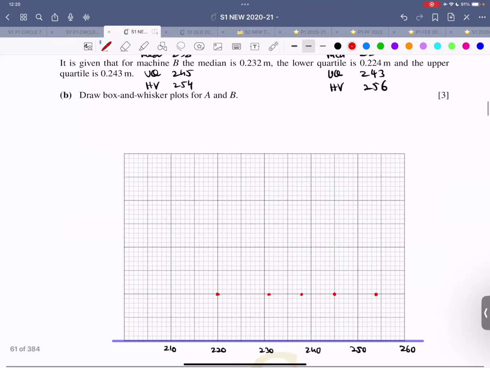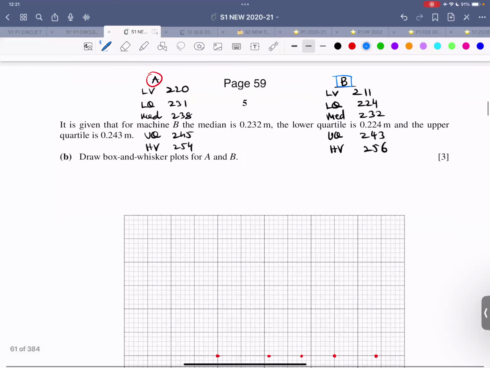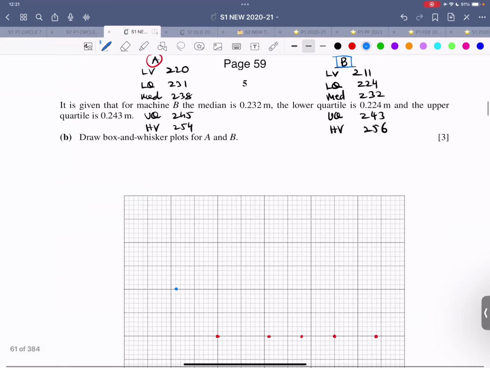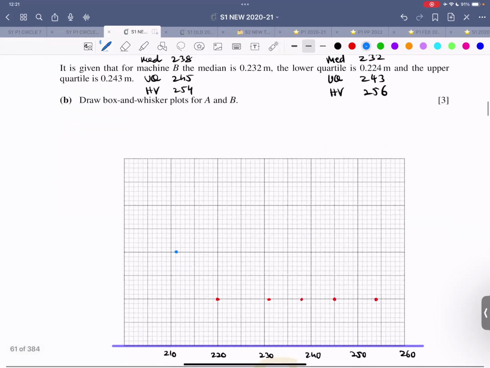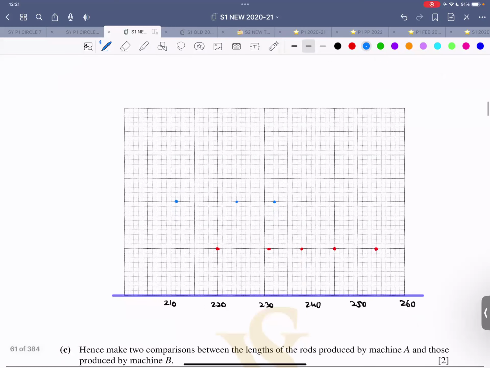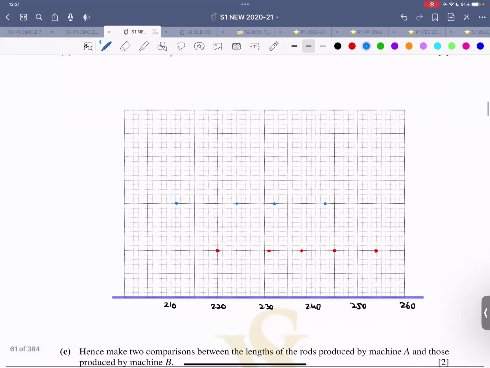These are the 5 points for A. For B, I'm drawing in red color, 211, let me go up all the way here, 224, 232, and then 243, and 256, that's right over here.